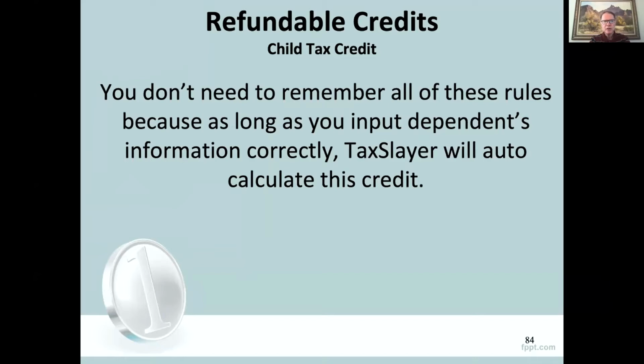For the child care and dependent care credit, yes, you have to do some inputs in that screen where you put in the provider's information and then how much was paid for each child. And as long as they balance out, that the amount that the provider received is equal to the amount that was determined for each of the children, then TaxSlayer is happy.